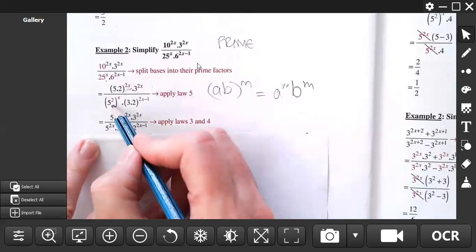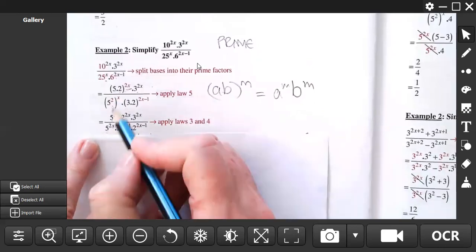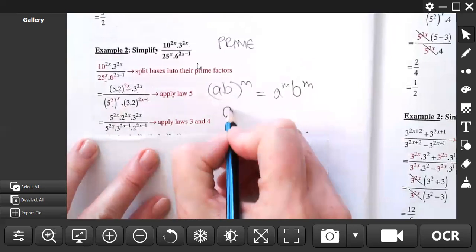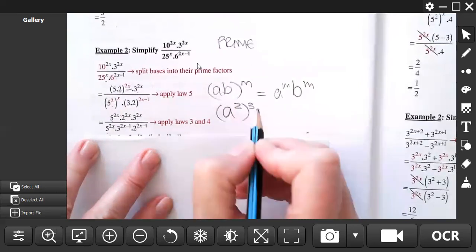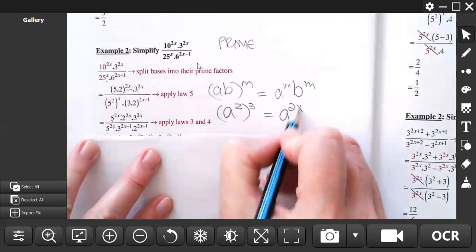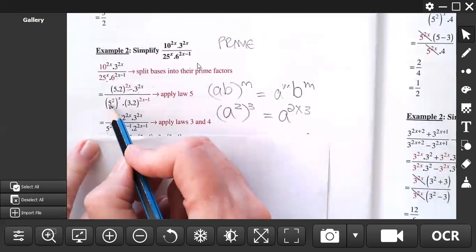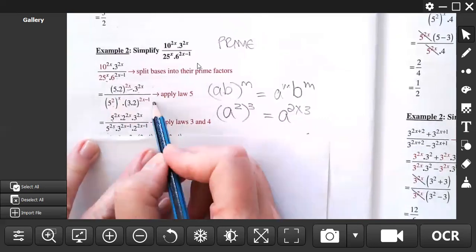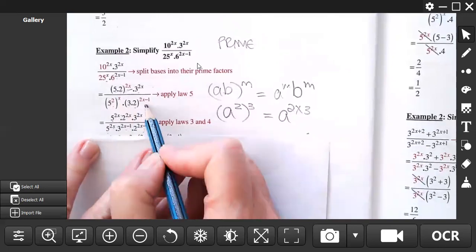And here in the denominator, 5 to the power of 2x. If we've got a to the power of 2 to the power of 3, it's going to be a to the power of 2 times 3. So here it's going to be 5 to the power of 2x, 3 to the power of 2x minus 1, 2 to the power of 2x minus 1.